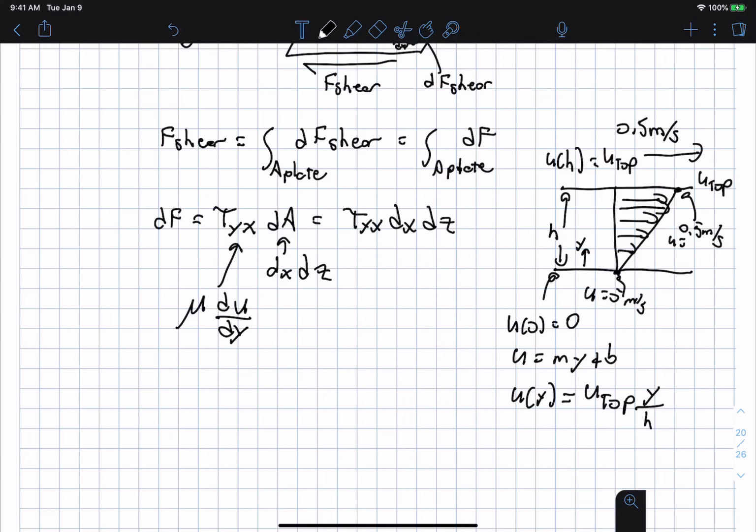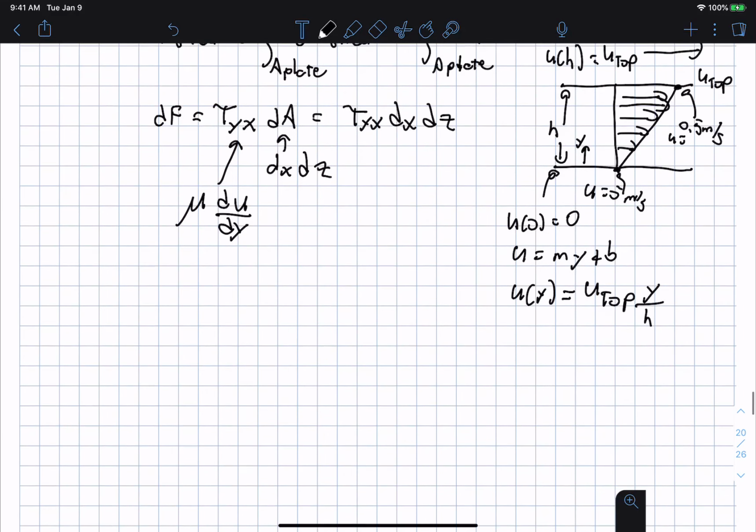So then, we also know du/dy, because we can just take the derivative, and that equals du_top y over h, d y, and that's just equal to u_top over h.